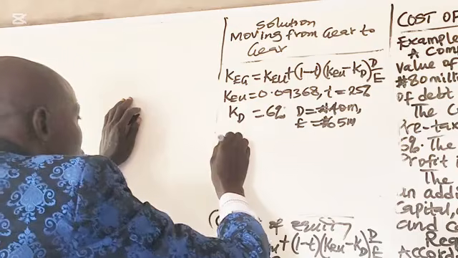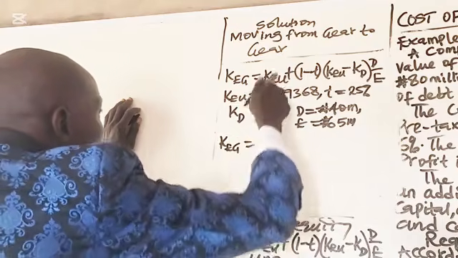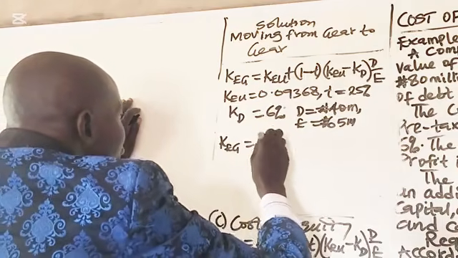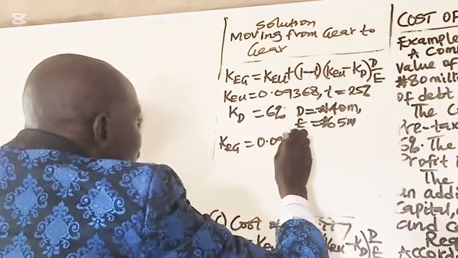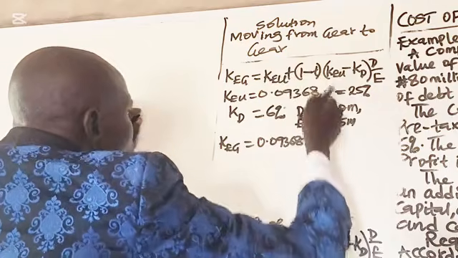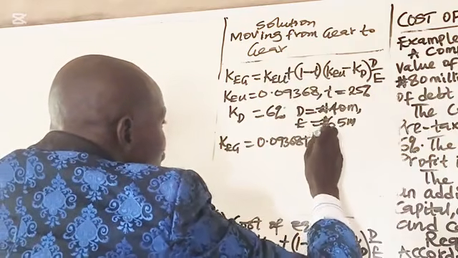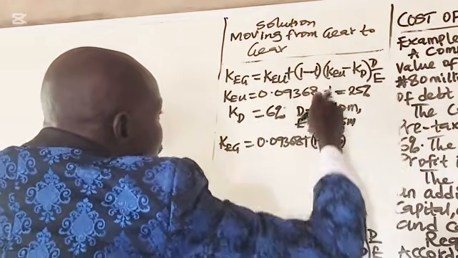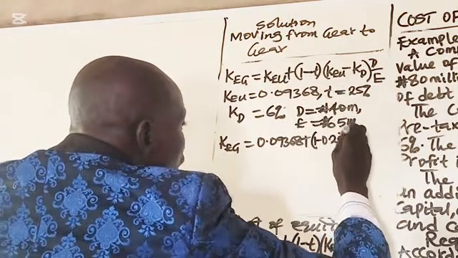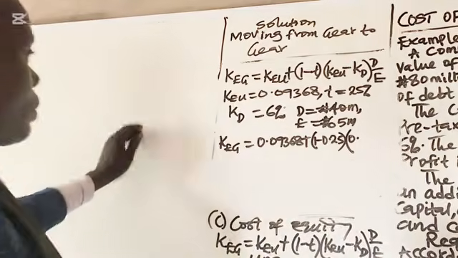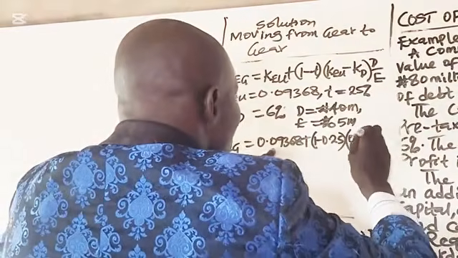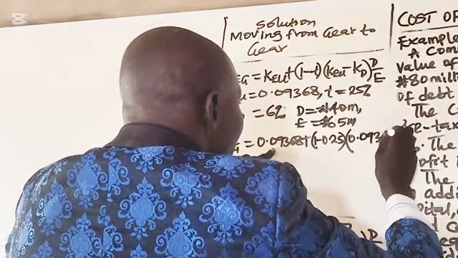Now, let's substitute into the formula. KEG equals to Q. Our Q is 0.09368 plus 1 minus tax rate. Tax rate is 25%. Q is 0.09368.